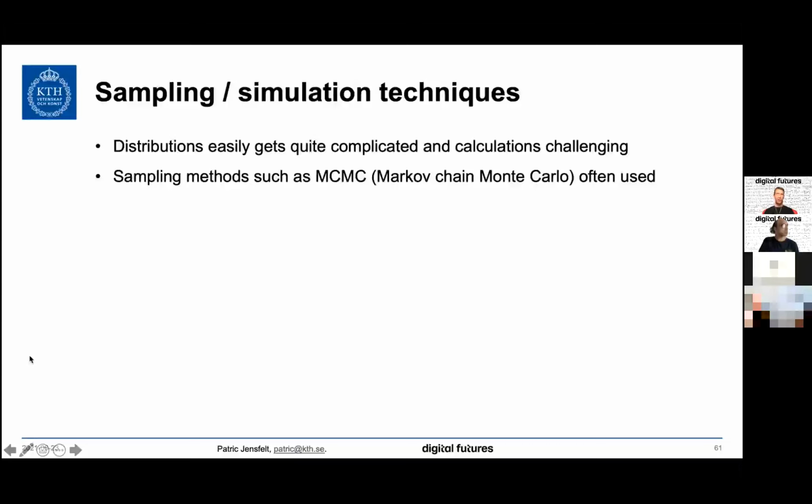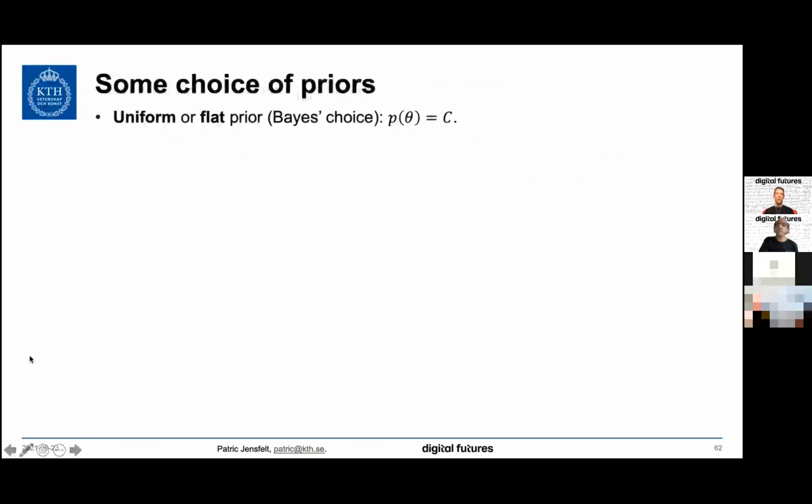All right. Let's say a few words about priors as well. One choice of a prior is to use a uniform prior. So we just say it's equally likely anywhere for all the parameters. Like going back to Bayes, the ball might end up anywhere.